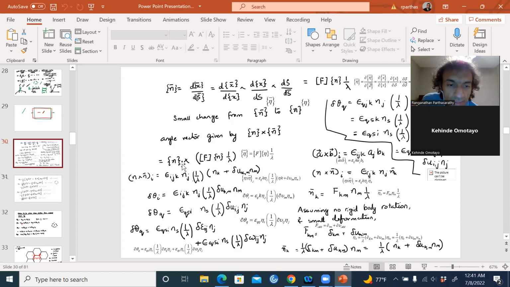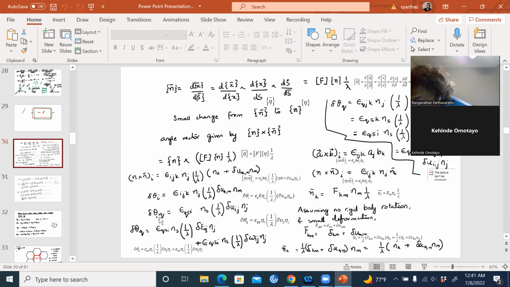Okay, you can still see my mouse, this crosshair, right? Yeah. Okay, so this is the main equation.